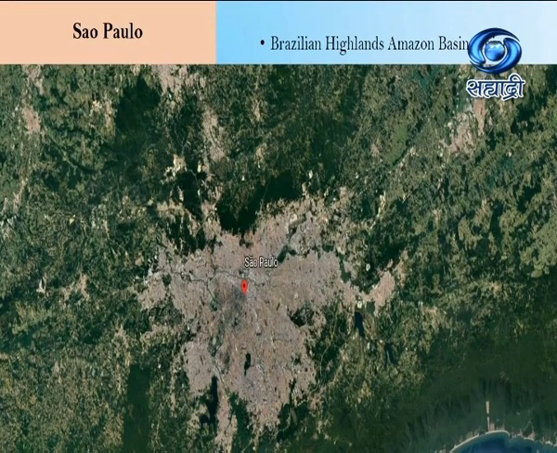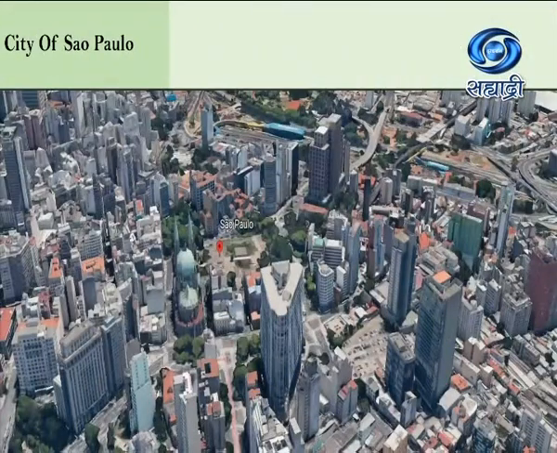Now the main city of Brazil, that is Sao Paulo. This city is highly nucleated, and as you can see, closely associated houses are seen over here. Similarly, in the Brazilian highlands and Amazon basin rivers, you will also see nucleated settlements.